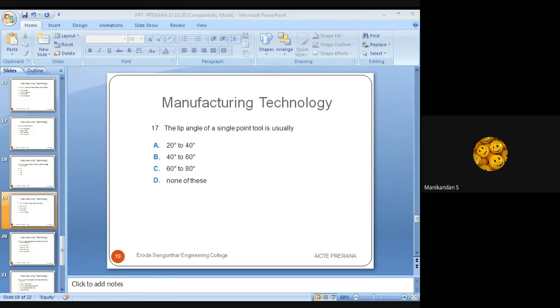Between the rake angle and the clearance angle. The larger the lip angle, the higher the strength of the tool.